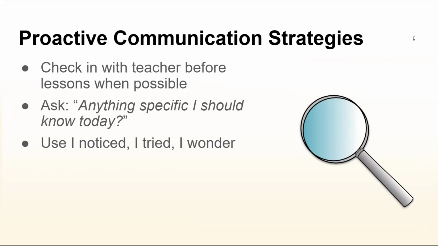One strategy you can use is I noticed, I tried, I wonder. So for example, I noticed Jalen disengaged when there was really dense text. I tried chunking it into 3 steps. I wonder if a visual summary of the text would help even more.